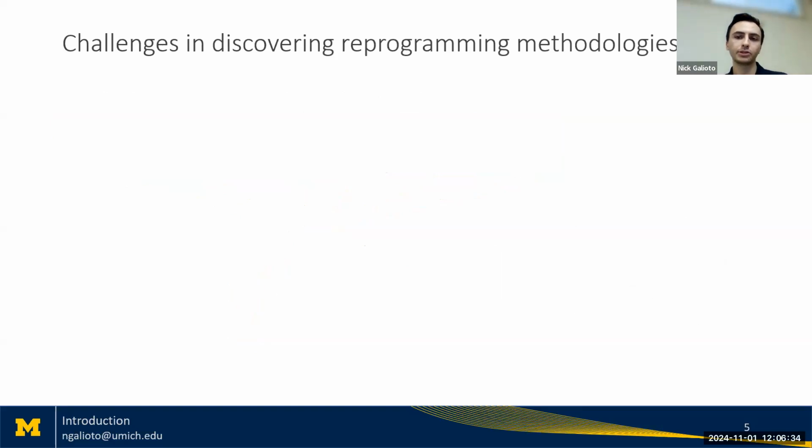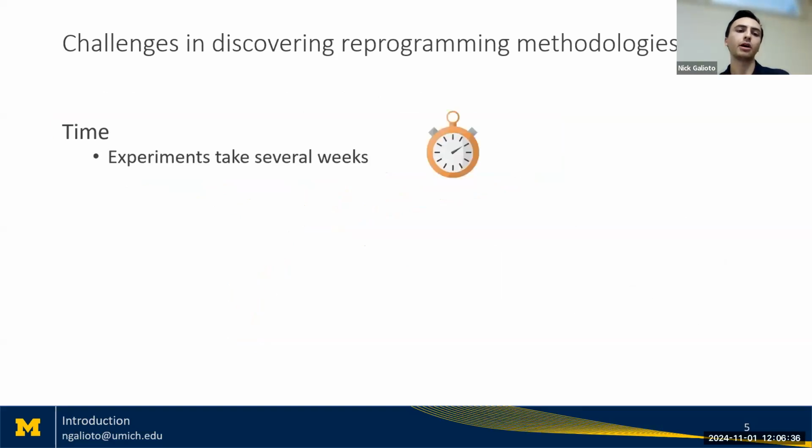There are a number of challenges that still remain that we want to tackle. Time: if you're doing experiments where you're trying to figure out the best way to reprogram a cell, and I'll go into more detail later about how these experiments are conducted, it can take several weeks to grow the cells, perform the reprogramming experiment, and wait for the reprogramming to occur.